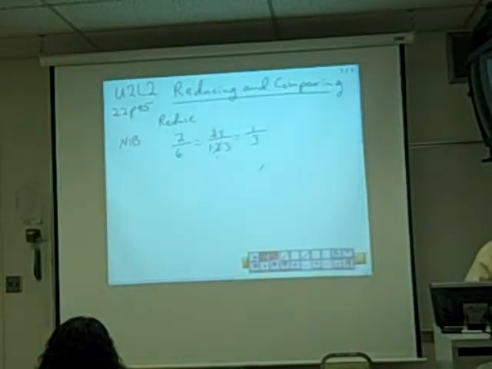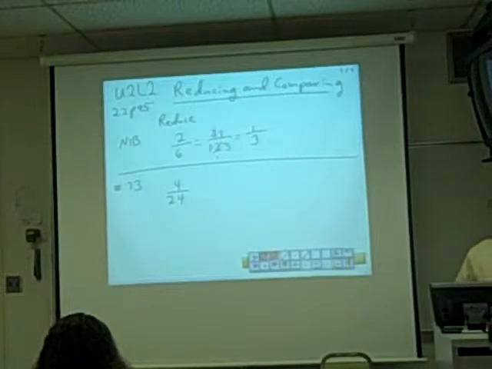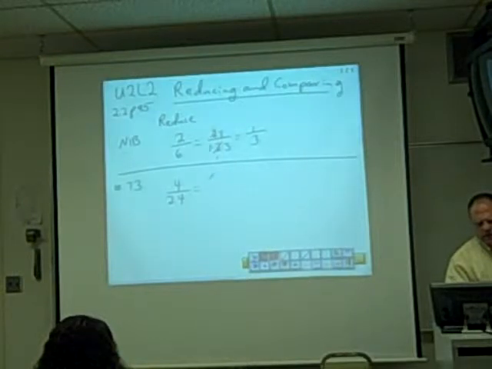So if we have something like problem 73, where we have 4 over 24. Okay, 4, that can be broken down into 1 times what? Yeah, 1 times 4, and we can break 4 down into 2 times 2, right?